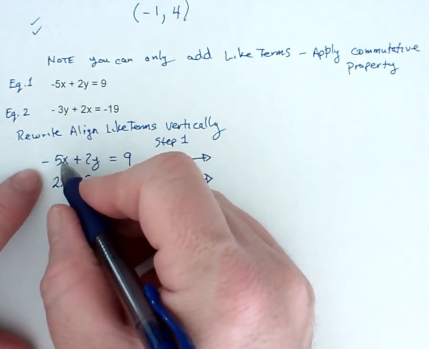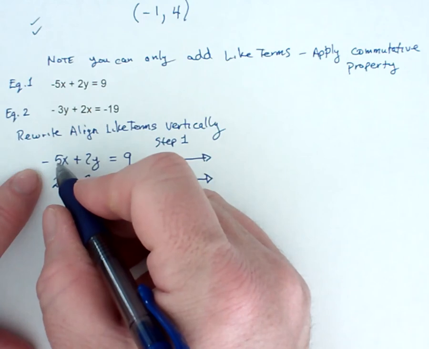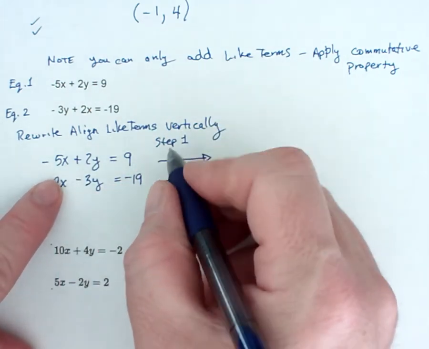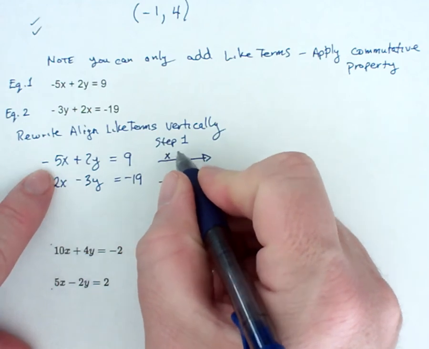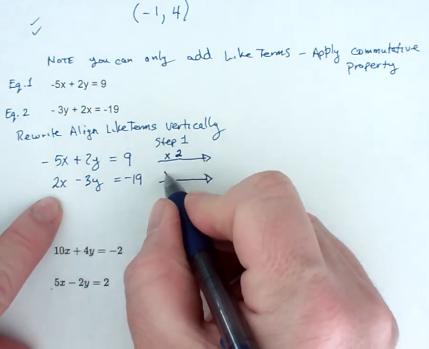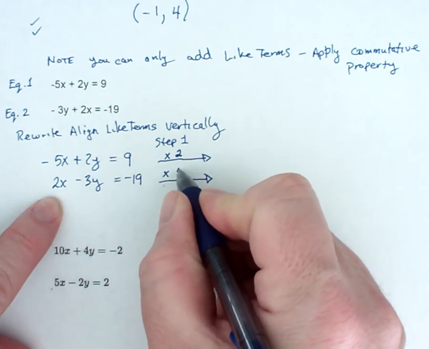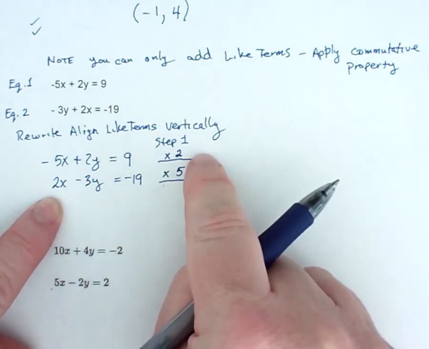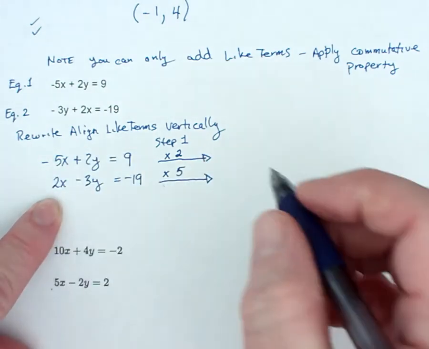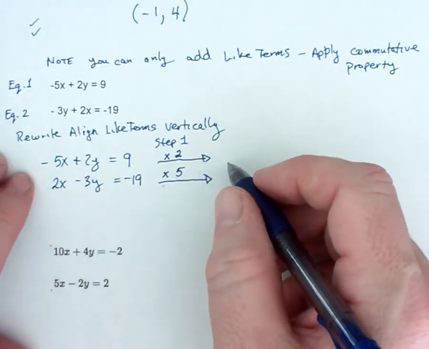The multiple that negative 5 and 2 get to is 10. So I want to multiply the top equation times 2, and I'll multiply the bottom equation times 5. Notice they're both positive numbers because I want the signs to be different so I can add them together. So I didn't change any of the signs.